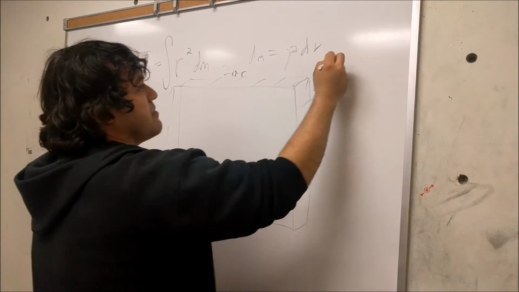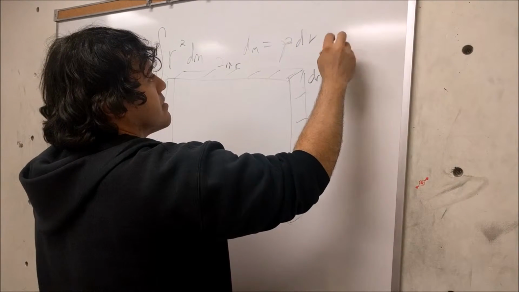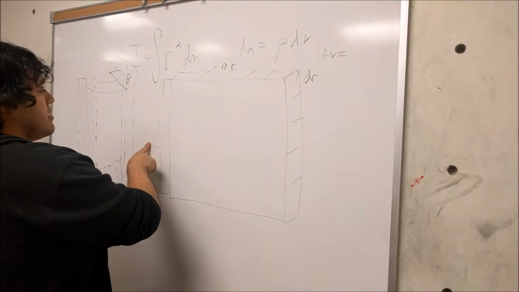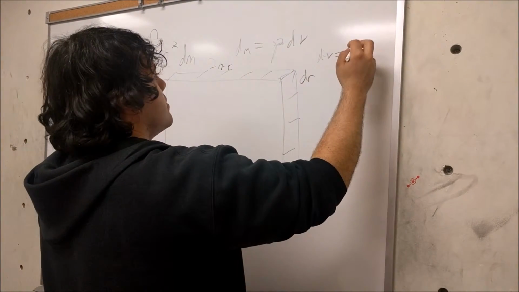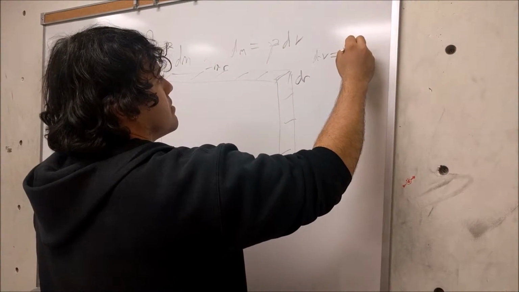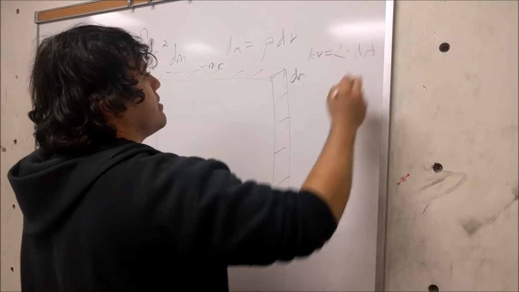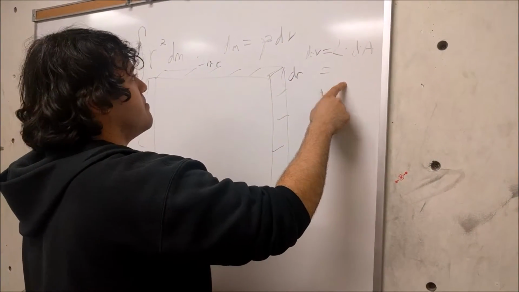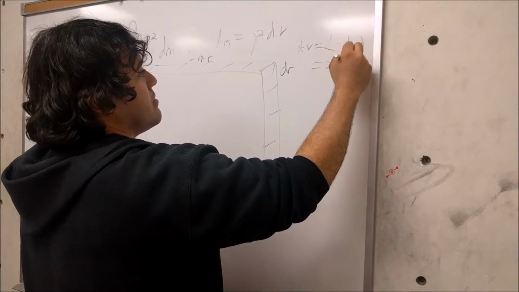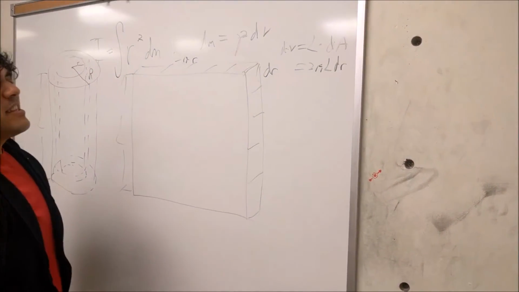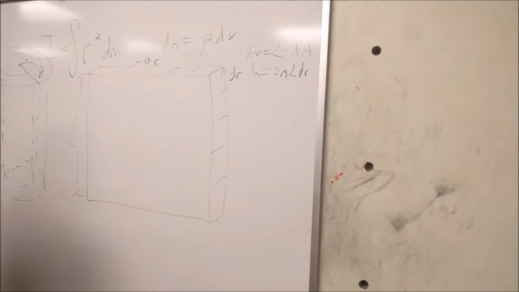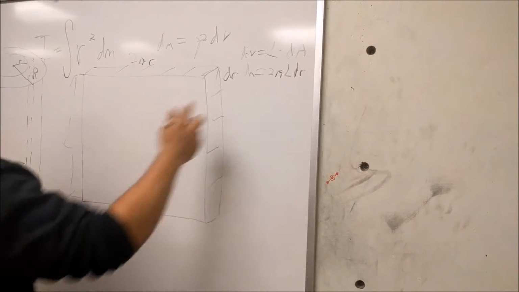So dV is going to be equal to the length times dA, change in area, and that's going to be equal to 2 pi r L dr, and this is going to be our dm. So dm is going to be equal to rho 2 pi r L dr.